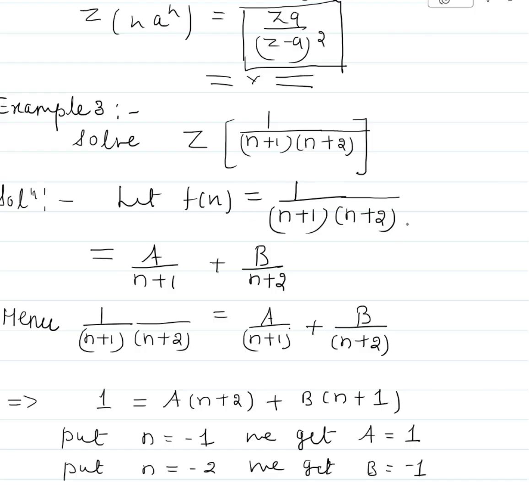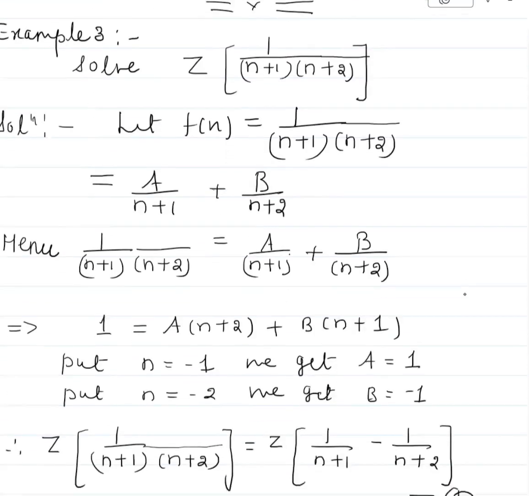Since we don't have the z transform of the function like this, we can split it by using the concept of the partial fraction. We can split it as a upon n plus 1 plus b upon n plus 2, and on the left hand side we'll write the same 1 upon n plus 1 into n plus 2, because we're splitting this into a and b.